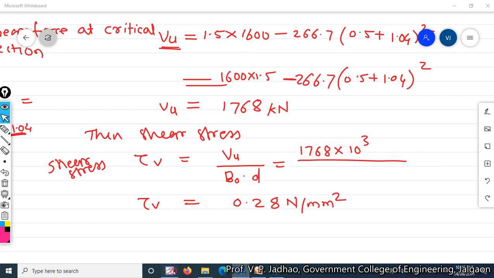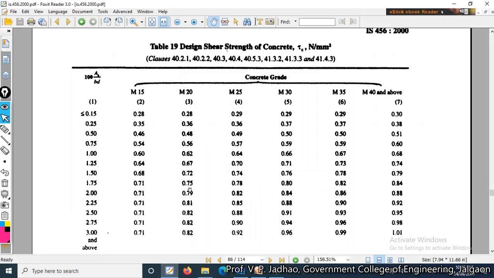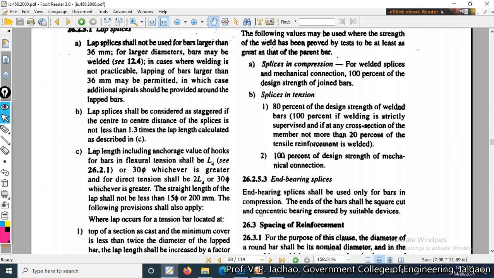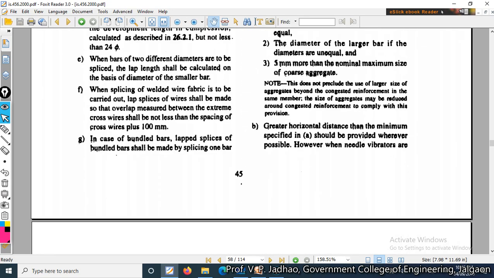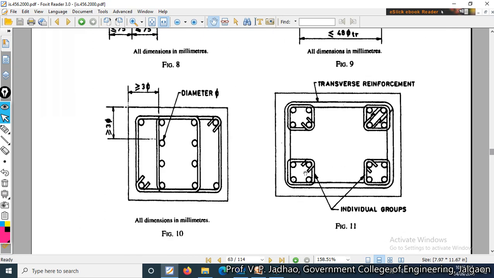Now as per IS 456, page number 58, 59, clause number 31.6.3.2, we'll go to page number 58.